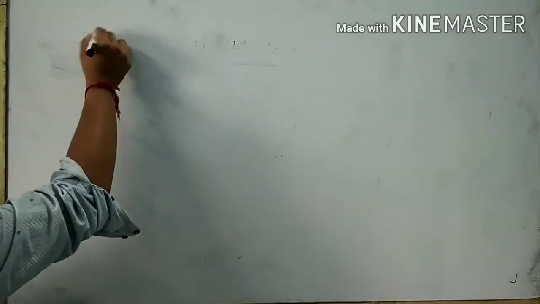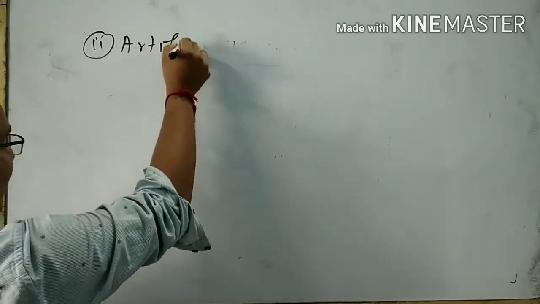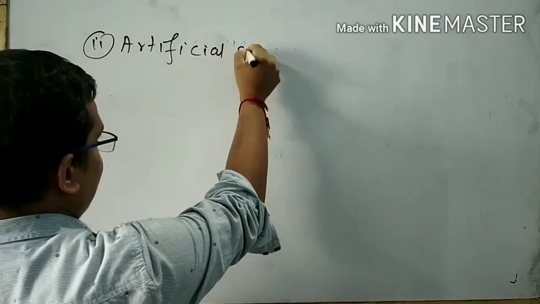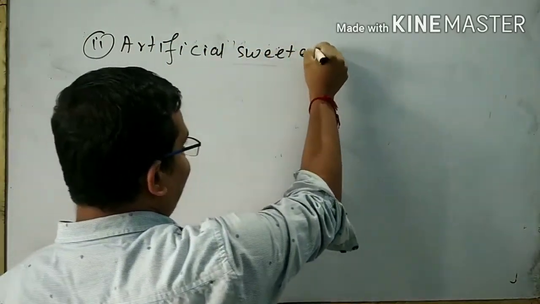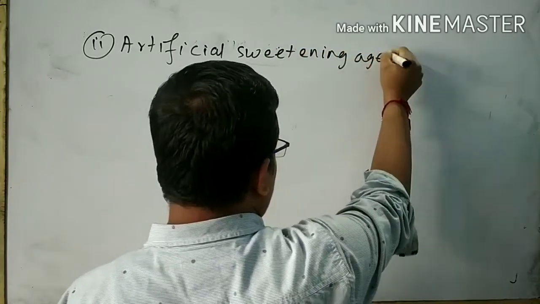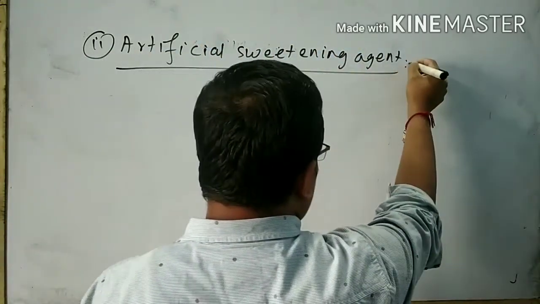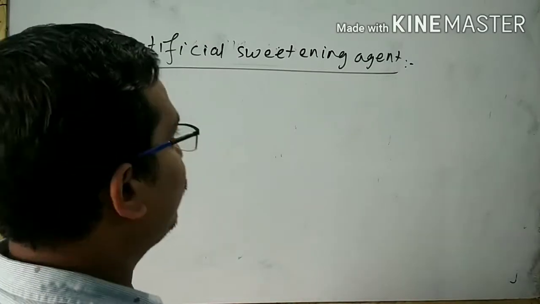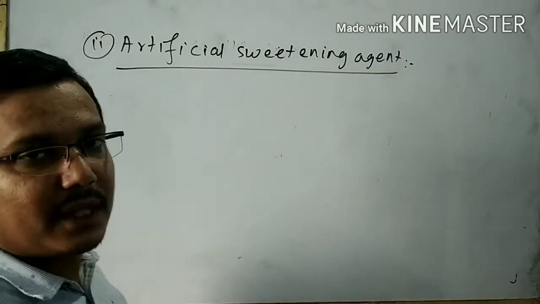Next I will discuss the artificial sweetening agent. These types of chemicals are generally used to increase the sweetness of foods.